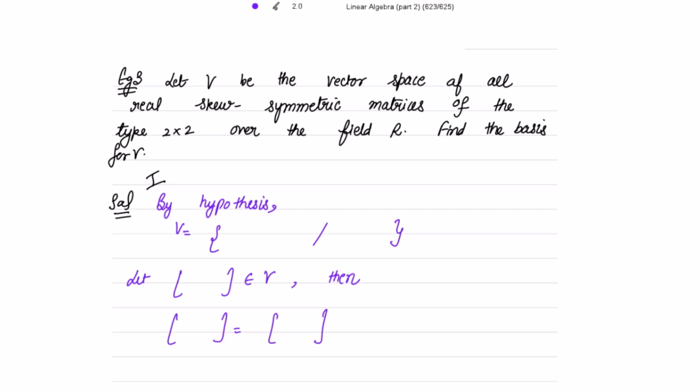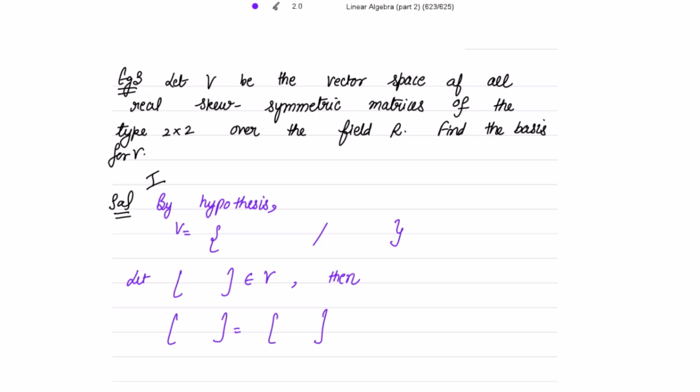Let V be the vector space of all real skew-symmetric matrices. Now this time I have the real skew-symmetric matrices of the type 2 by 2 over the field R. Find the basis for V. Let's find the generators first and then check whether those generators are linearly independent or not.